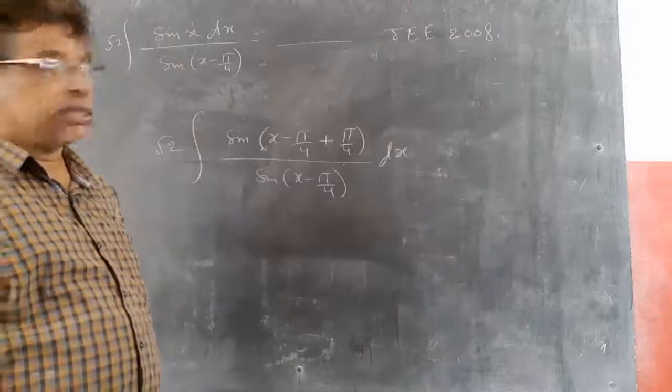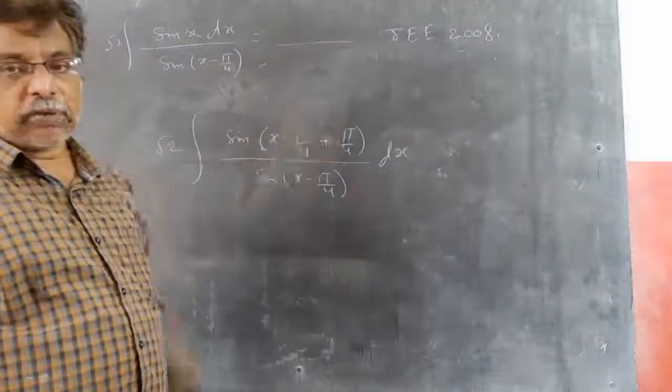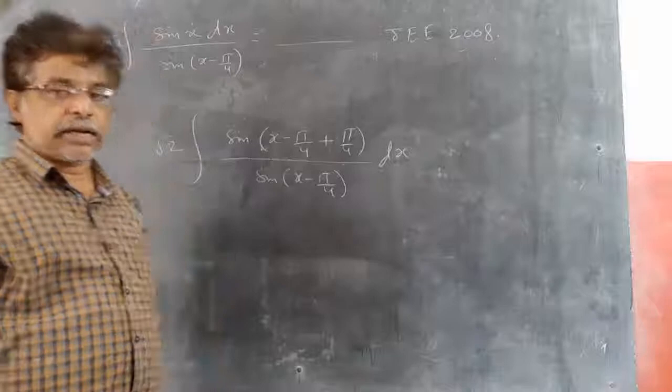You can expand the denominator, then numerator equals a into d by dx of denominator plus b into denominator.